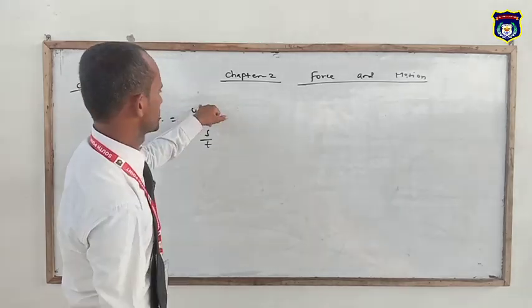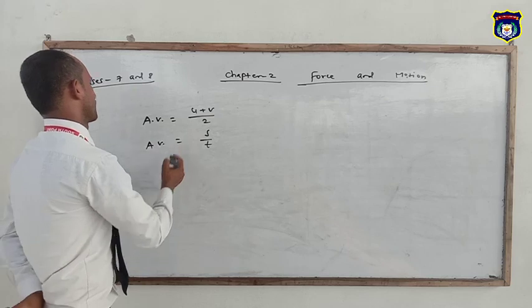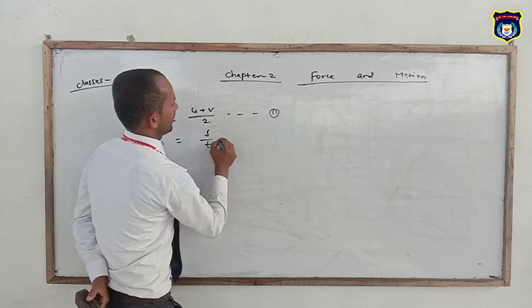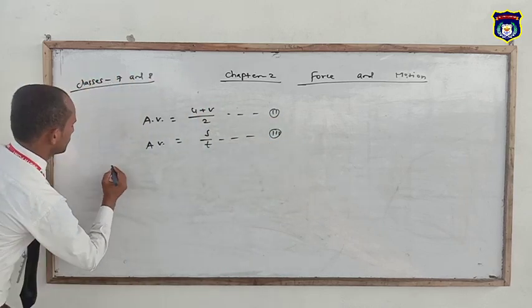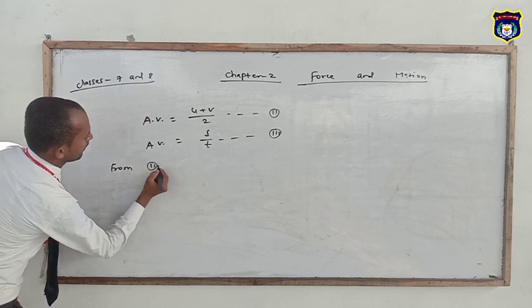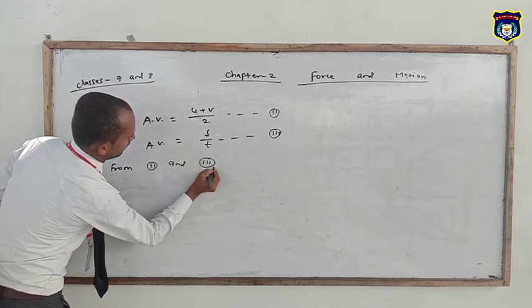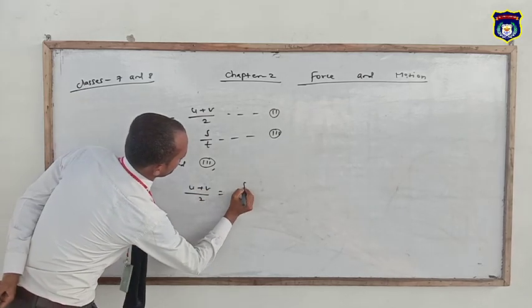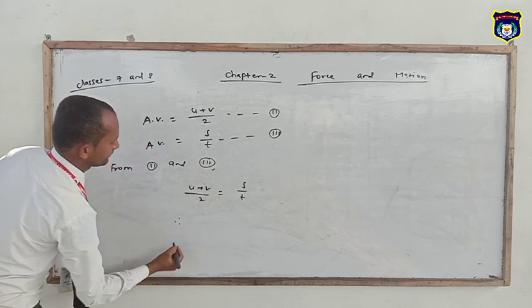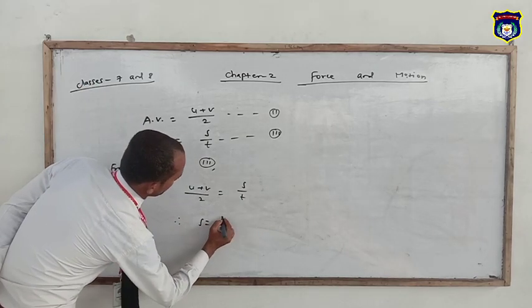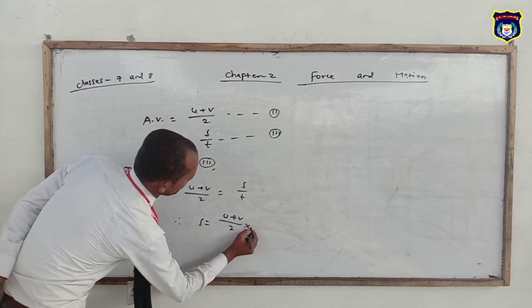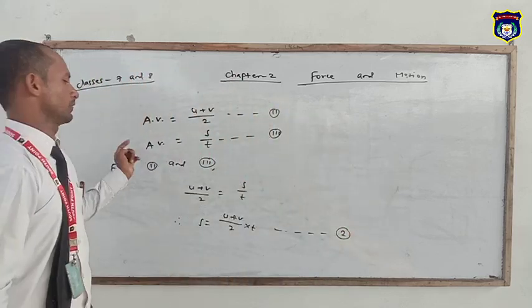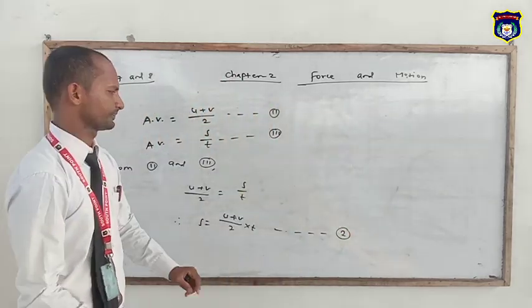Here u is initial velocity, v is final velocity, and from these two relations, u plus v by 2 equals s by t. Therefore, s equals u plus v by 2 into t. It is one of the other motions in a straight path.